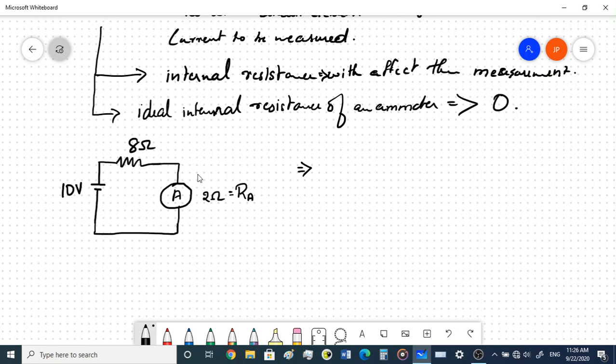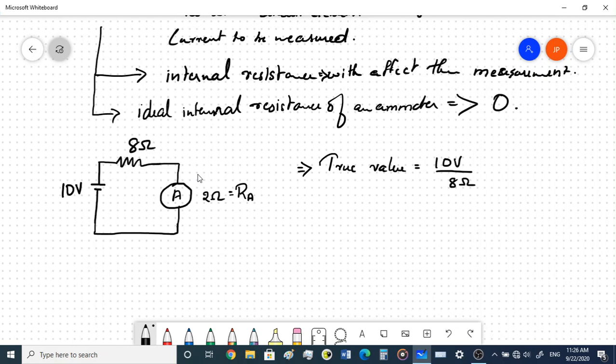Now if this is the case, what should be the true value of the current that has to be measured? The true value is 10 volts divided by 8 ohms without the ammeter, which is 1.25 amperes.